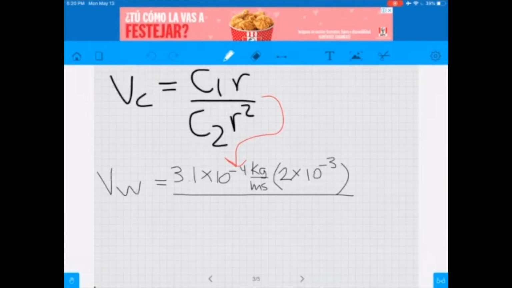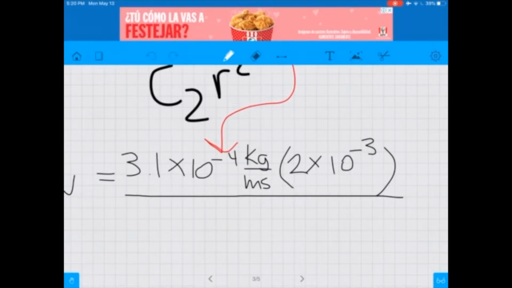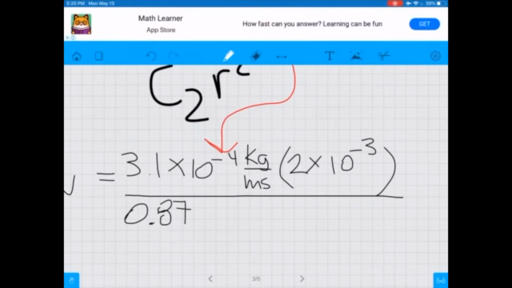That is 3.1 times 10 raised to minus 4 kilograms meters per second times the radius, that is a given value, divided by 0.87 times the radius, 2 times 10 raised to minus 3, squared.